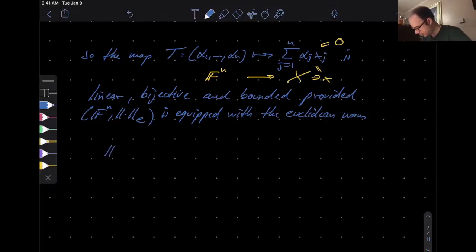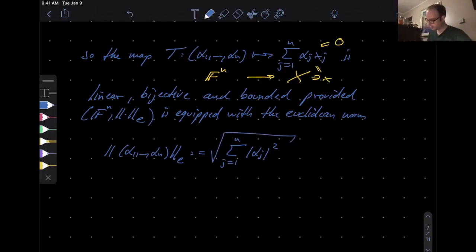So let's write it out. If you have an n-dimensional vector in the coordinate space, the Euclidean norm, as I was just saying, is the sum of the coordinates in complex modulus squared, and then a square root. And why is it bounded?